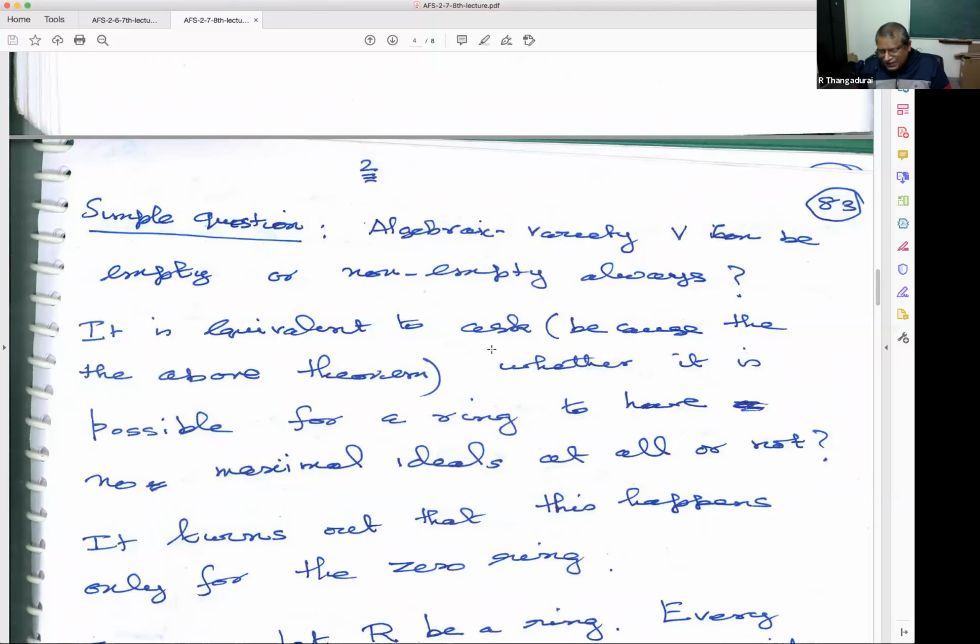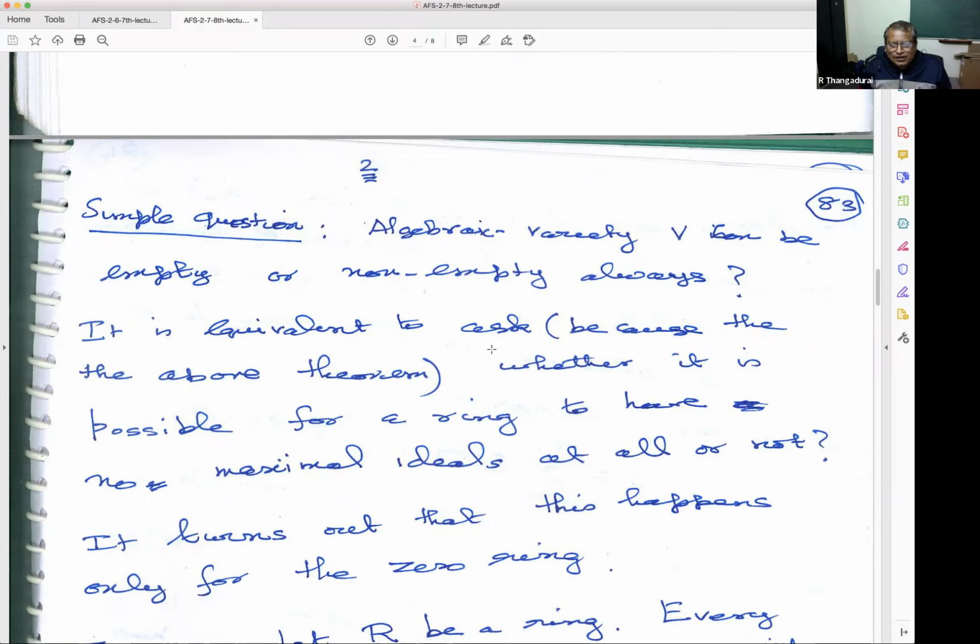V is non-empty means there exists one point, and one point corresponds to one maximal ideal in the quotient ring. So the question is whether a given ring R has a maximal ideal at all, that is, for which ring a maximal ideal doesn't exist. These questions are equivalent right now.